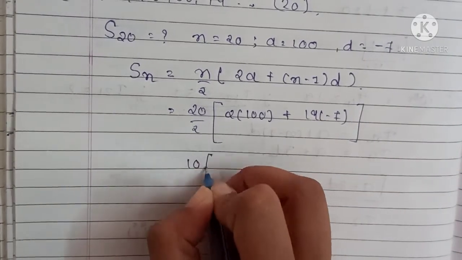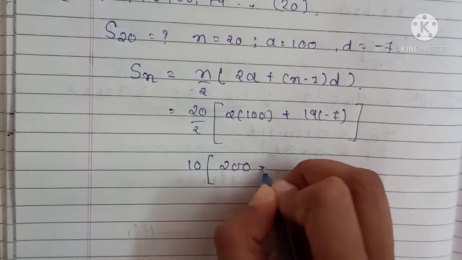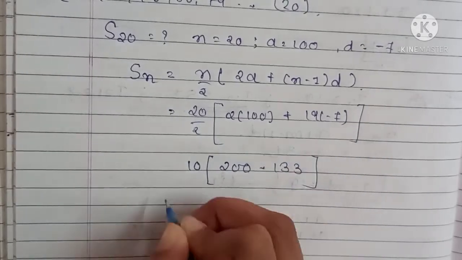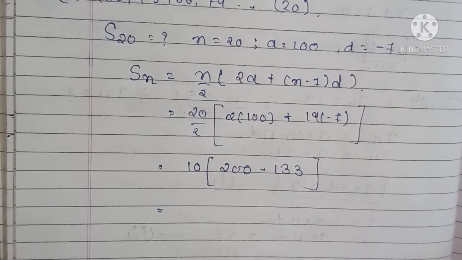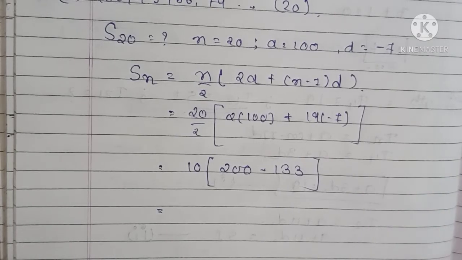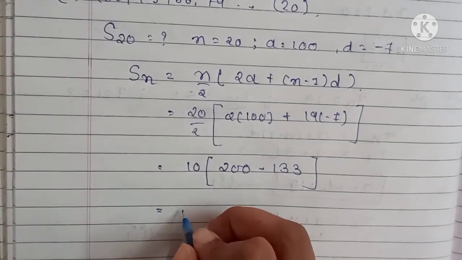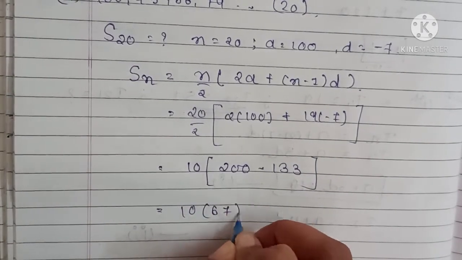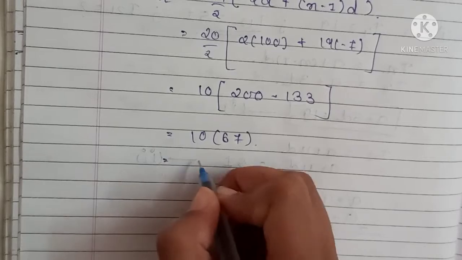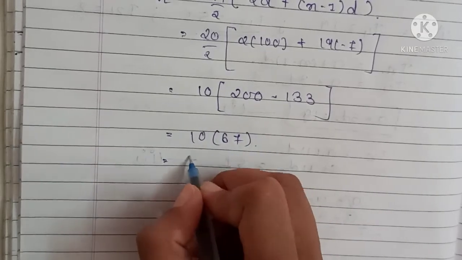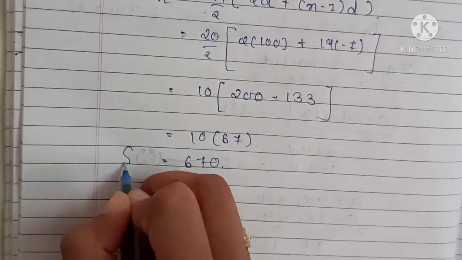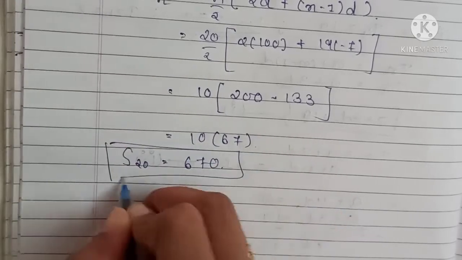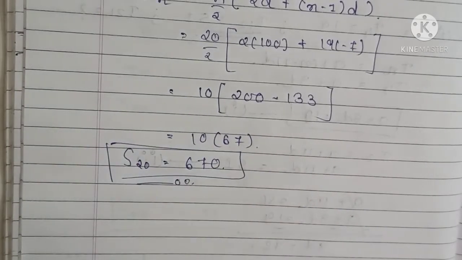So 200 minus 133. The total will come 67, and total S20 is equal to 670.